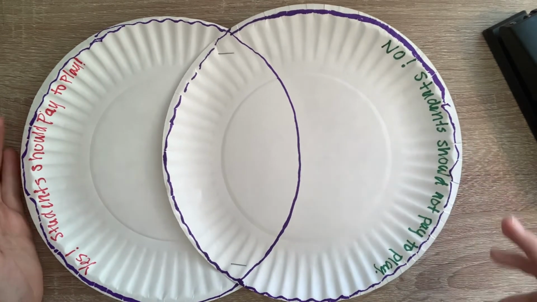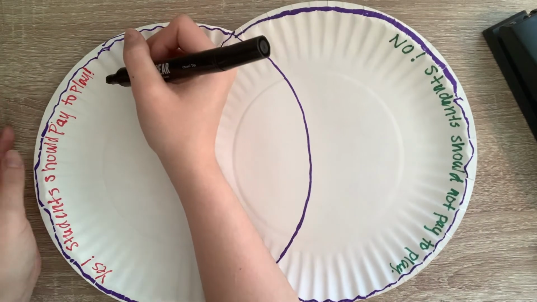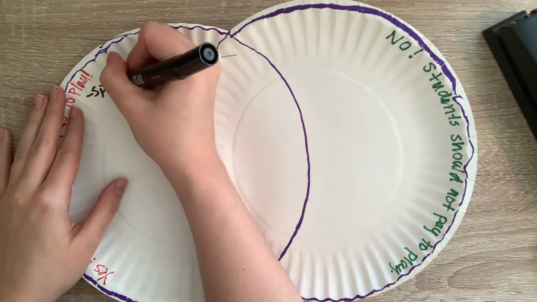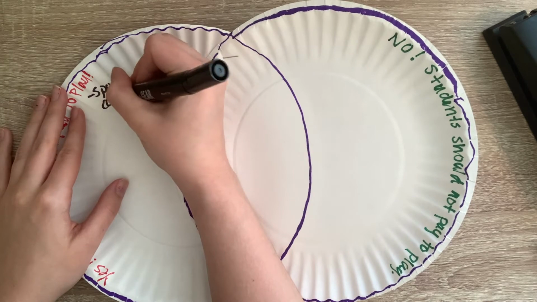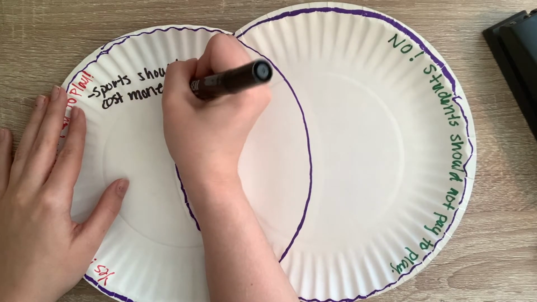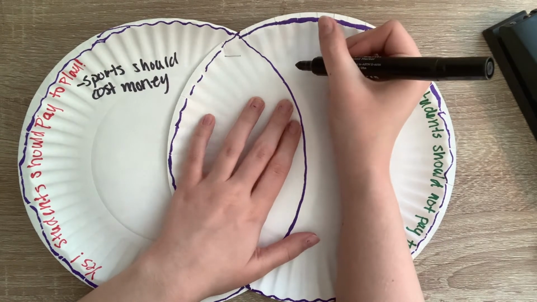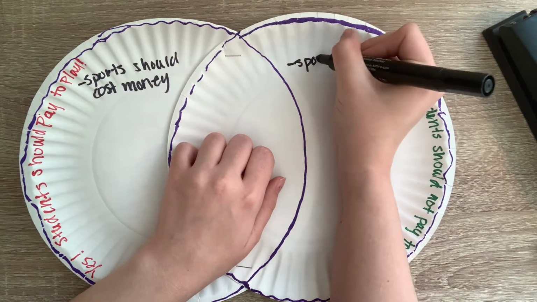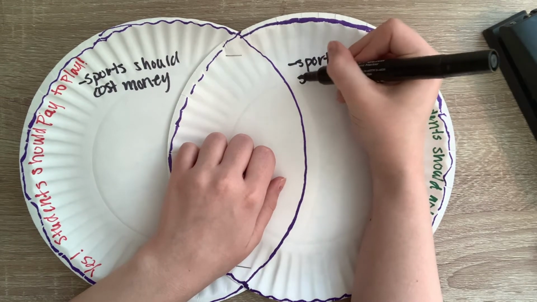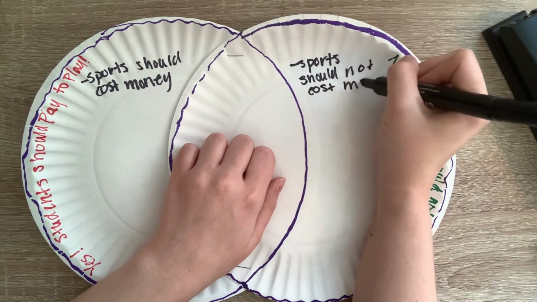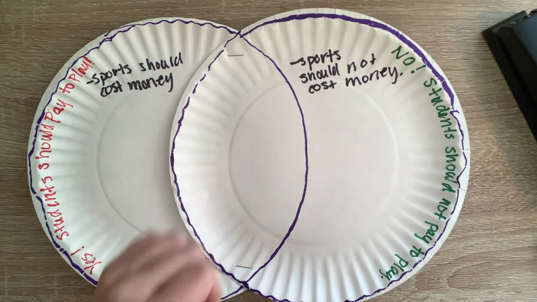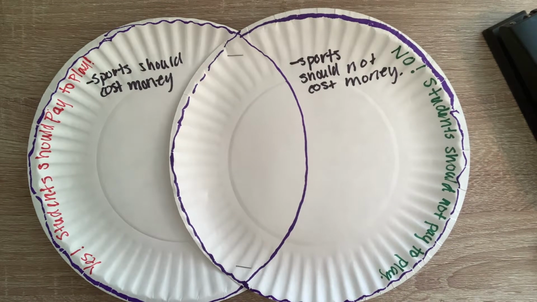So you can go ahead and paraphrase if you'd like and put, sports should cost money in the first oval, and sports should not cost money in the third oval. These two statements contrast the story and show the differences between the two main ideas. Sports should cost money and sports should not cost money.